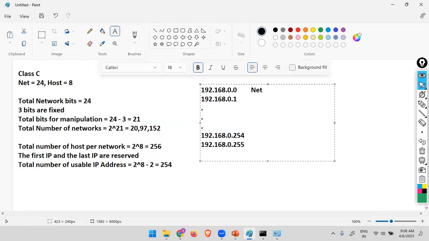So the 192.168.0.0, what is it? Network ID. Then this will be the first valid IP. And then we have the last valid IP. Then we have the broadcast address.